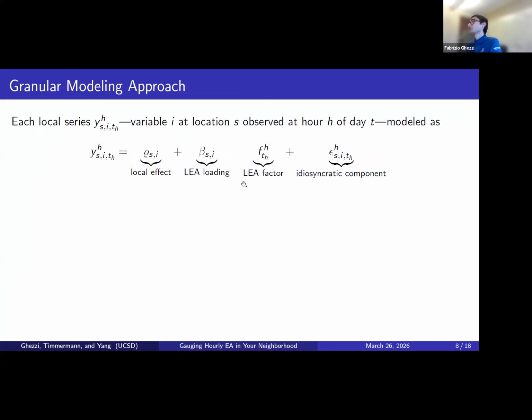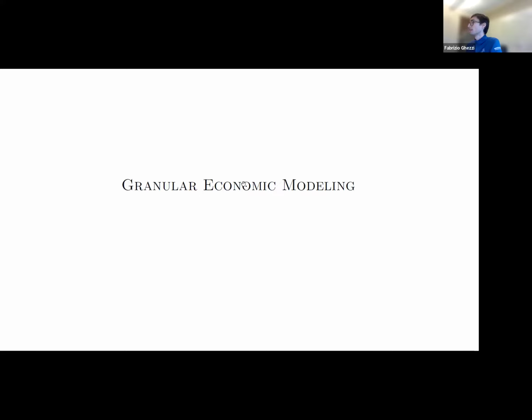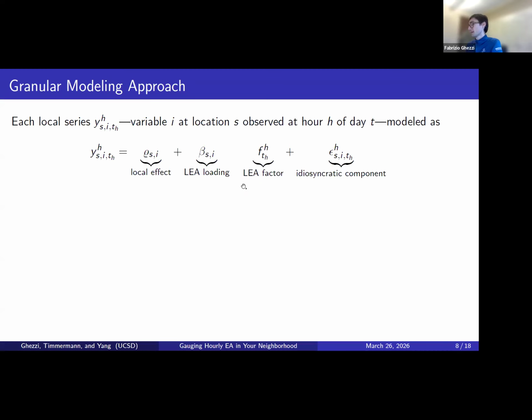Okay, so that was the green light for us to go on and say, okay, we can use this data to extract economic activity. But then the question is, how do we do that? Because we have documented some empirical facts, and so the question was how to set up a model to extract this common component.